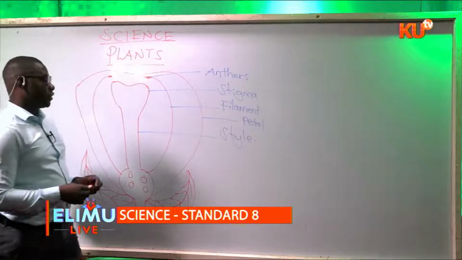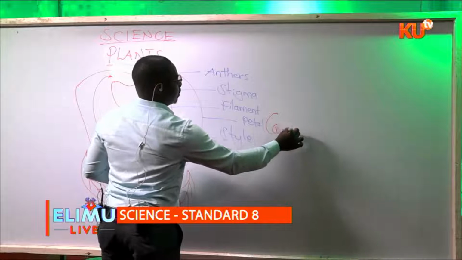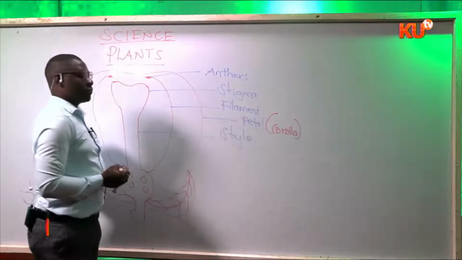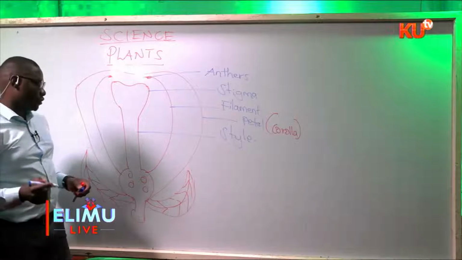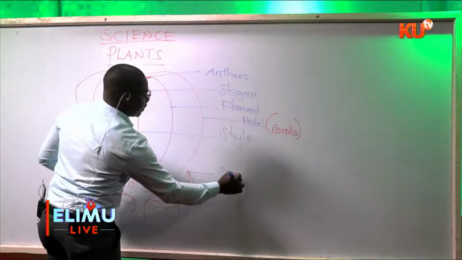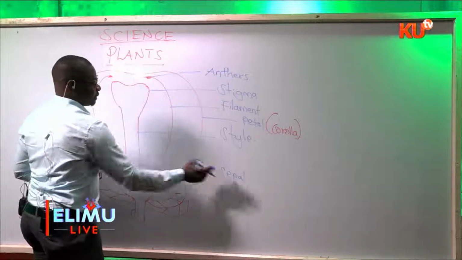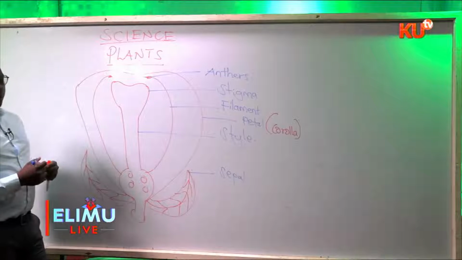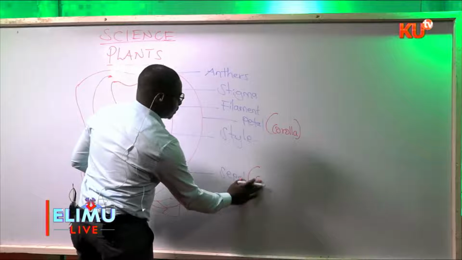Collectively, the petals can be called corolla, or the other name of the petal is corolla. We have the sepal. This one is petal, but this one is sepal.